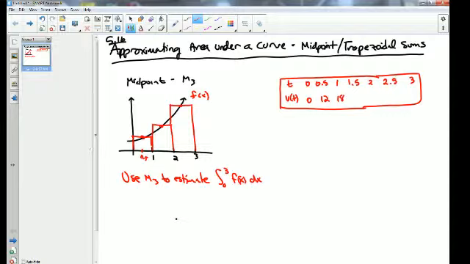Tea is cooling off at 1 degree per minute. Things like that. Okay, here's a table of values. We'll calculate M3.